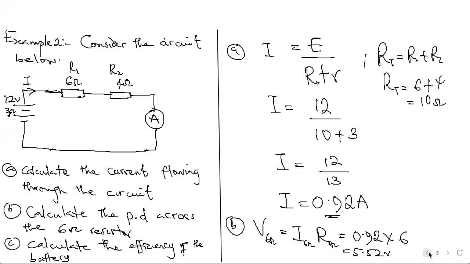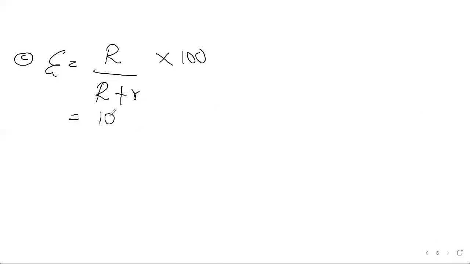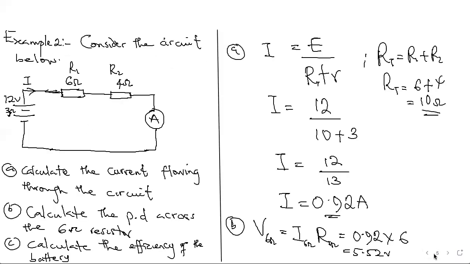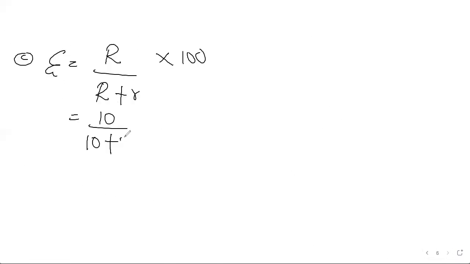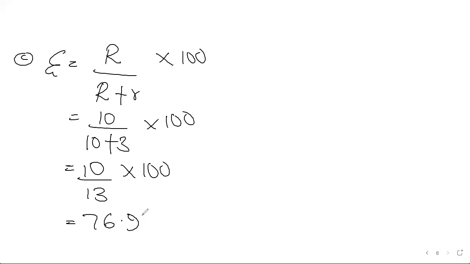So we obtain the total resistance that is connected to it as 10. So that will be 10 over 10 plus 3, where the internal resistance is 3, multiplied by 100. So that will be 10 over 13 times 100. That should be 76.9%. So that's the efficiency of the cell.